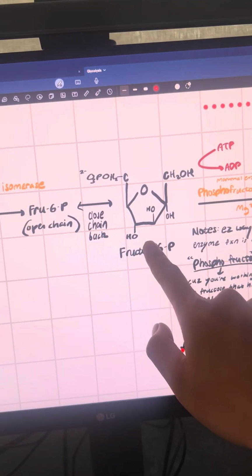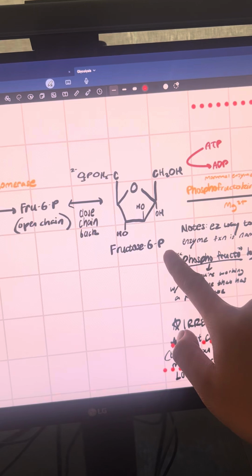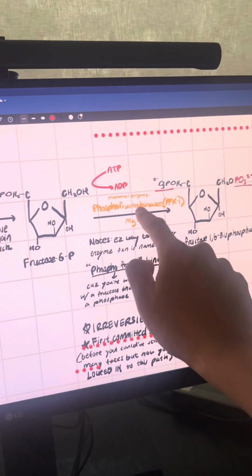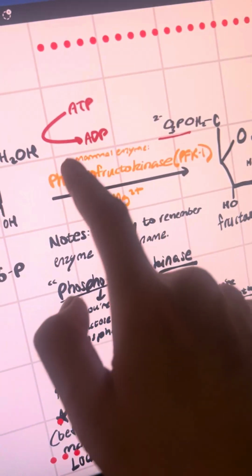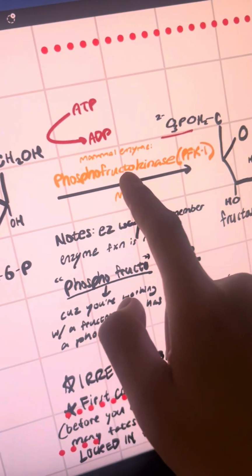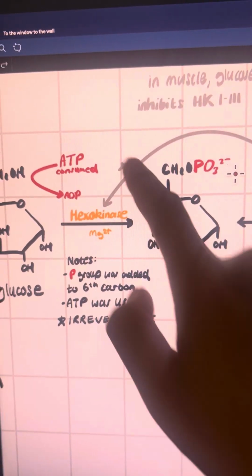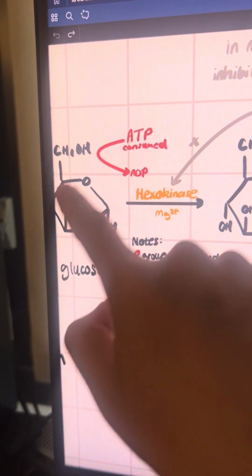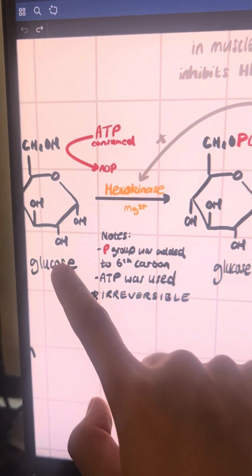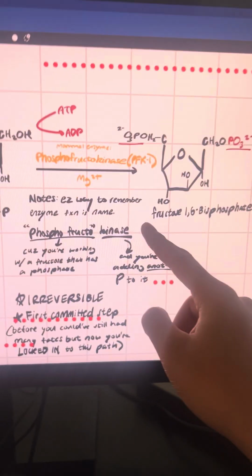So this is fructose 6-phosphate, right? So you're phosphorylating a fructose with a phosphate. That's why it's phosphofructokinase. You're phosphorylating that. Hexokinase, you're phosphorylating a hexagonal structure, the glucose. Okay, that's just a way for you to remember.